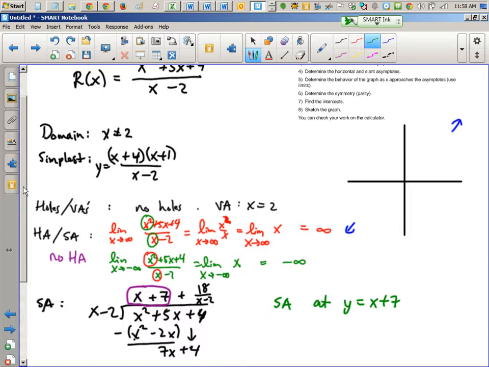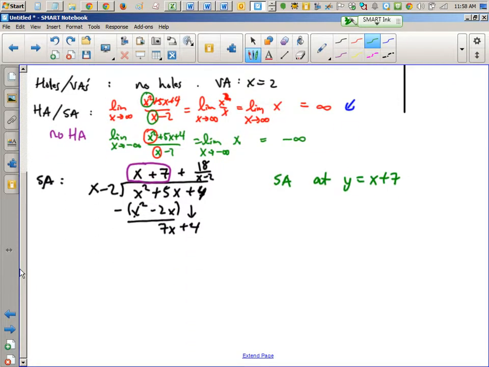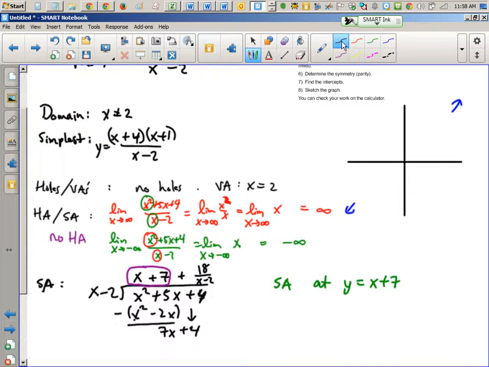Next thing to find is behavior of the graph near the VAs. Why don't we draw the VA? We never did it. We said we had a VA at 2. Let's put that in. We never drew it, so there it is. And we said there's a slant asymptote at x plus 7.